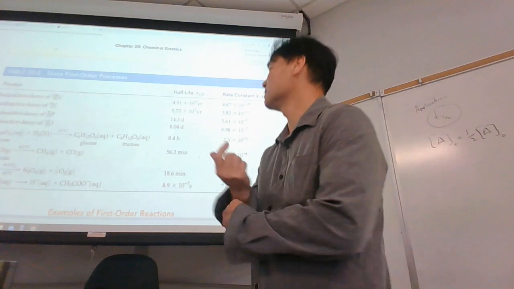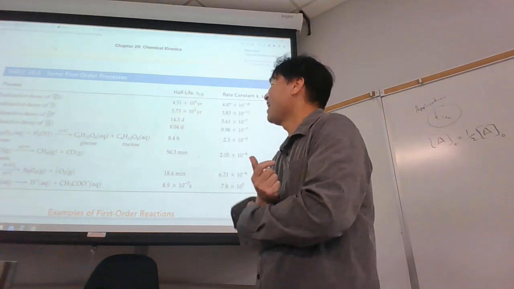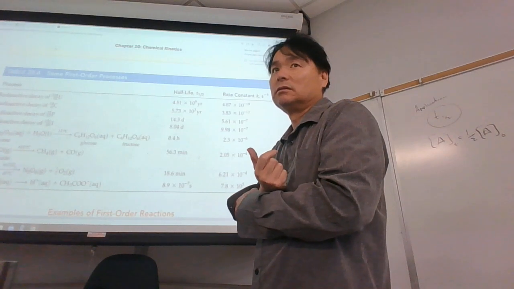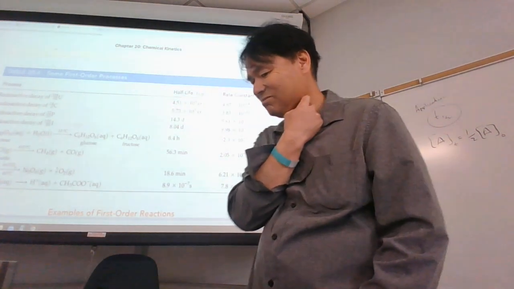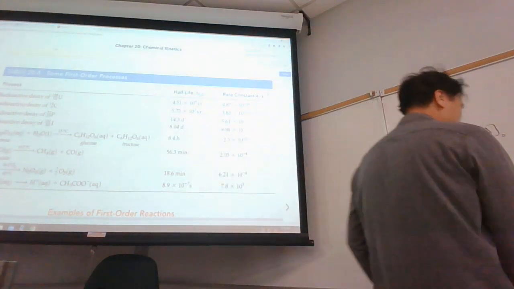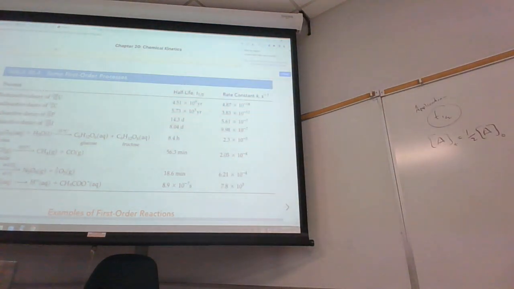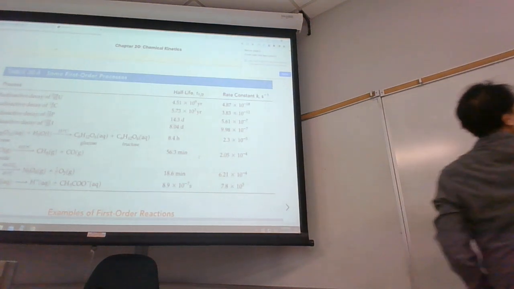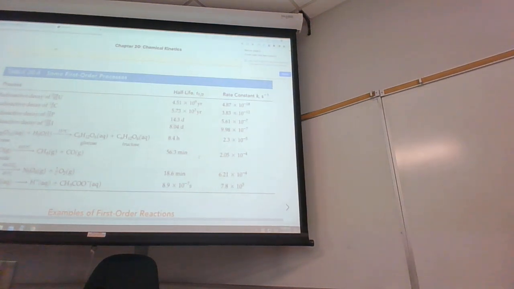And so for something like U-238, how long would it take for 90% of it to decay? If I have some U-238, how long does it take for 90% of it to decay? I can do it a couple of ways. One, I can use the integrated rate law.